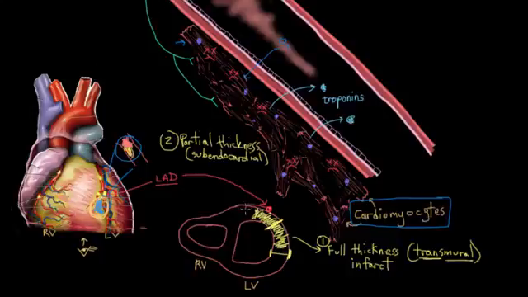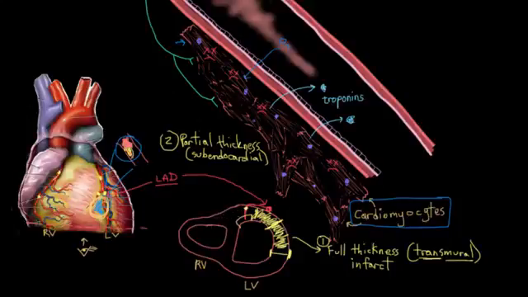So, for example, there'll be this little one that comes off of the left anterior descending, and it will actually penetrate through the heart muscle wall, right? Because the goal of this artery is to supply blood to this little patch here. Okay, so let's say that the supply zone, the oxygen supply zone, the blood supply zone for this little penetrating artery is this area here. Well, let's say that you get a clot that develops in this artery here.